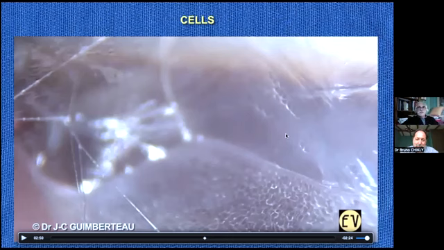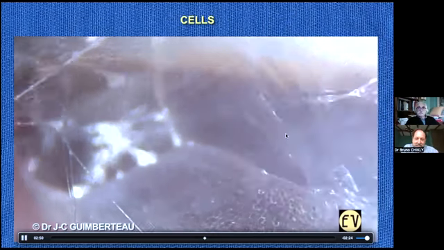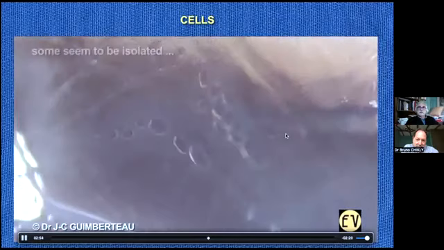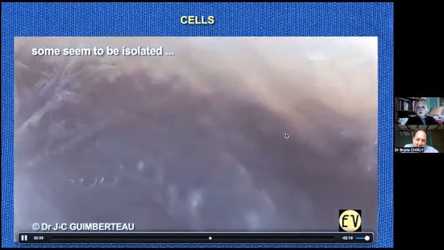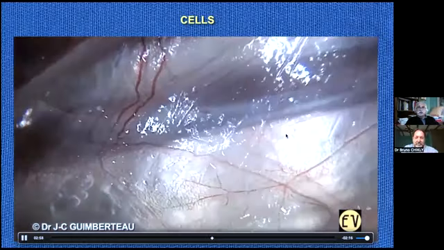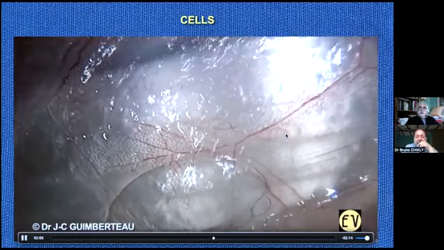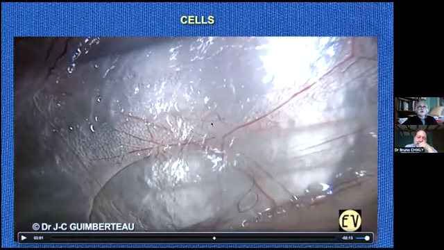With this sequence, I decided to observe cells because it was surprising. I was maybe observing migration of cells, and it was not the only surprise. So we observe cells beside, which seem to be isolated. Wow. All the cells love vessels.